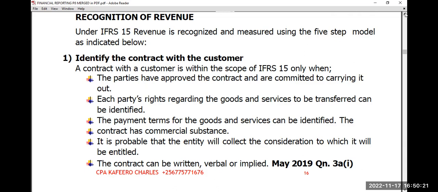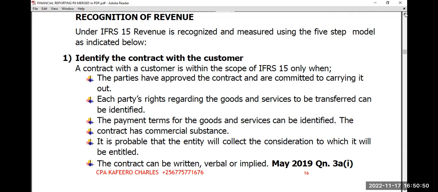If I'm the seller and I'm giving out goods to, maybe, a given retailer in a given location, we are expecting that it should be probable. And we said if something is probable, it means it is beyond 50%. The chance of the person receiving or recovering the money for the goods they have supplied is more than 50%.